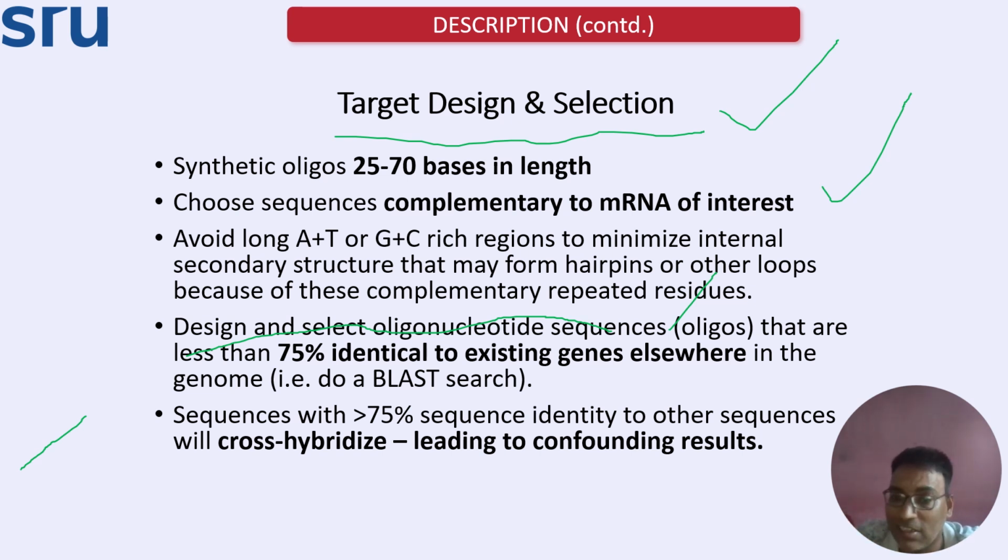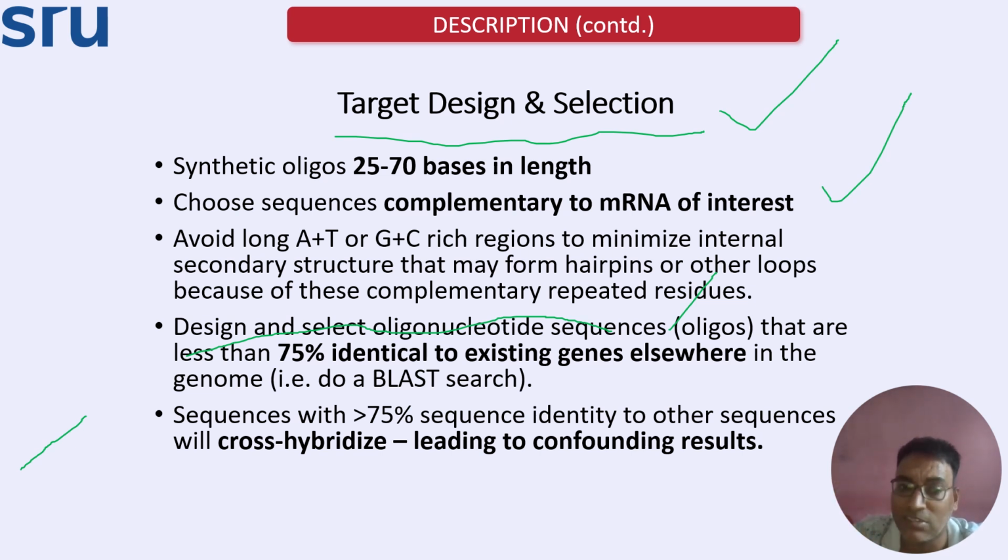So I'm doing a BLAST against all the genes in the database for my required probe. Whatever results come up, I check that all of them are less than 75% identity to my initial probe sequence. Then I will be able to fix the right probe. Yes, this is the required probe I want. This does not have any similar sequence present in the database with greater than 75% identity.